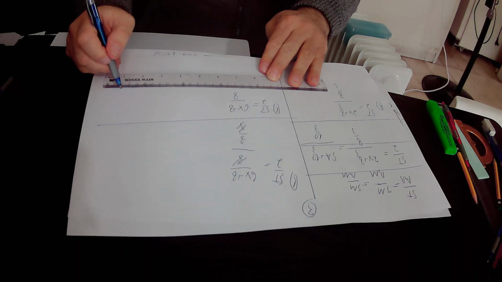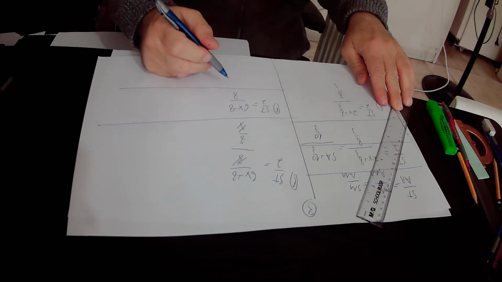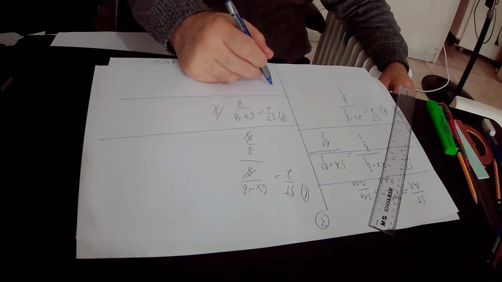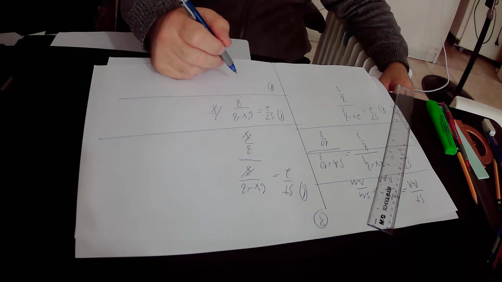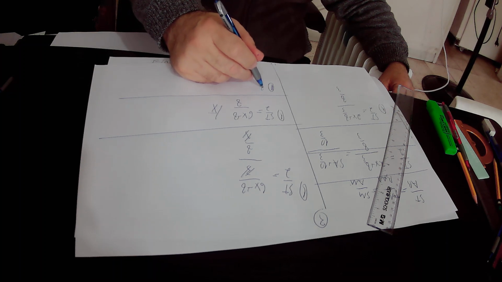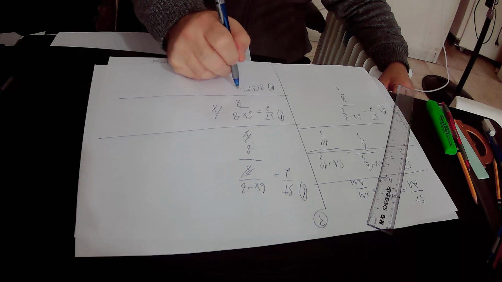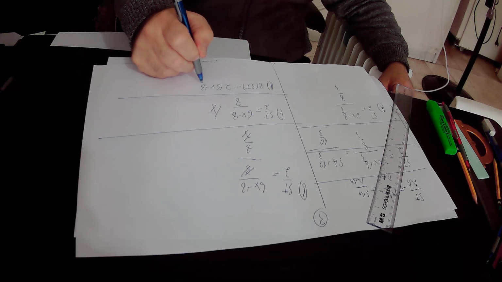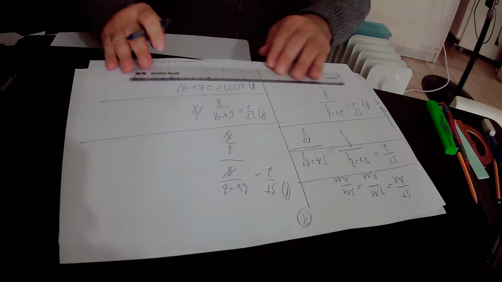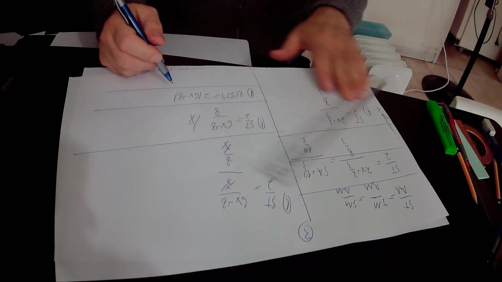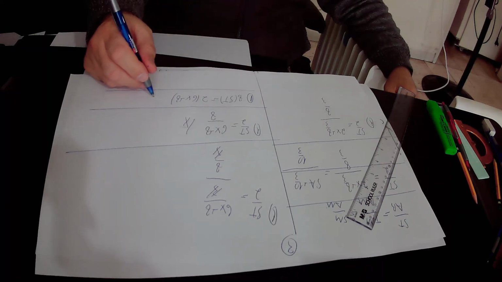So here we'll cross multiply the first equation, and we get that 8 times ST equals 2 times 6x plus 8. Here we will divide this equation by 2.